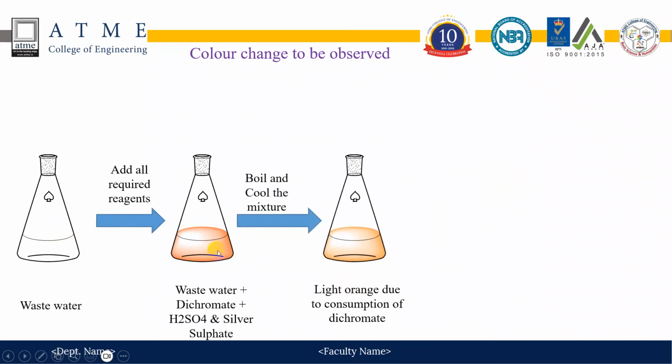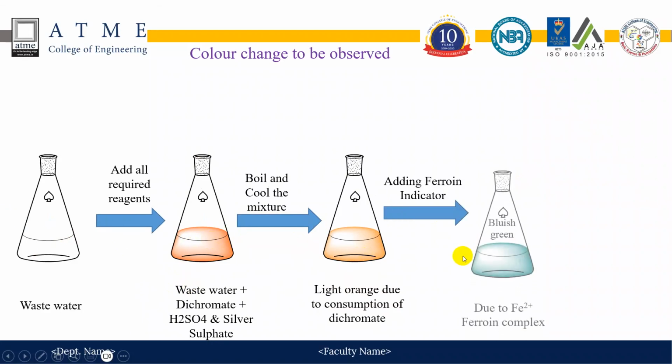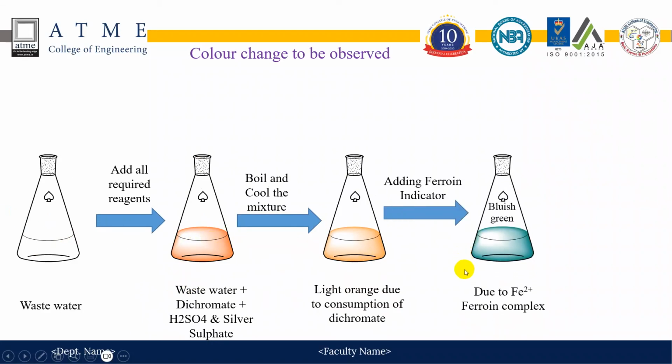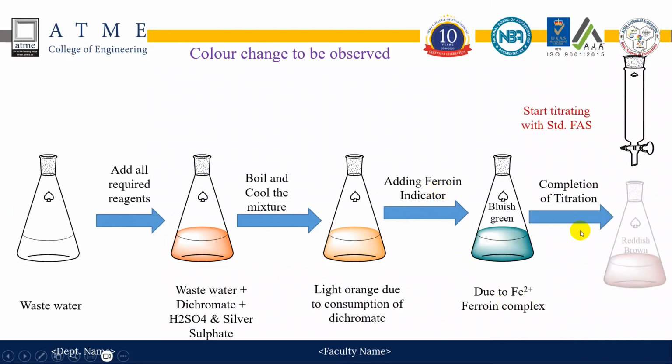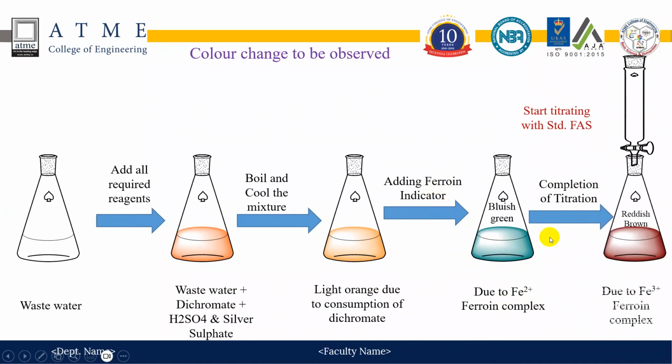Once you add the dichromate, the solution becomes orange, and after boiling and cooling, the orange solution will become slightly pale orange. Later when you add indicator and FAS solution, the color changes to bluish green. At the end point of the reaction, it gets converted to reddish brown.